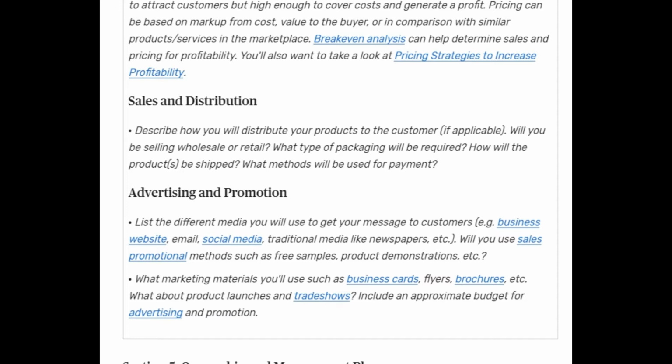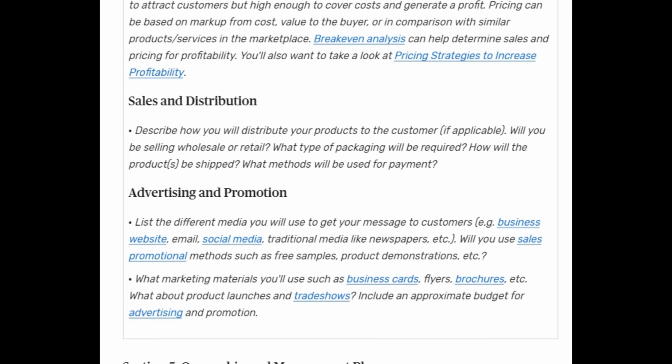But even if you are working in any other industry at a small and medium-sized level, you may promote by a business website, by an email, by traditional media like newspapers, you may float flyers and brochures and distribute them in your local area, and that may be one of the means of spreading out your message. But it's all about an effective advertising and promotion plan.